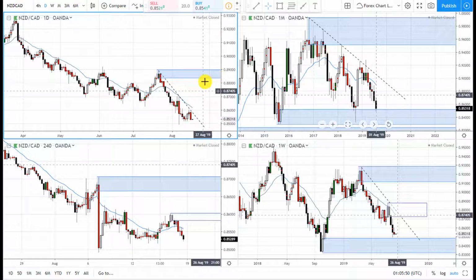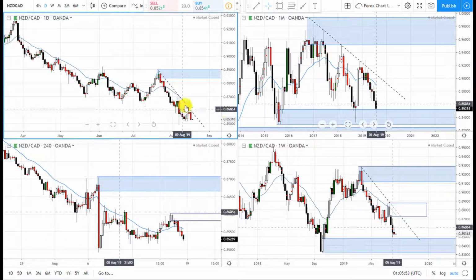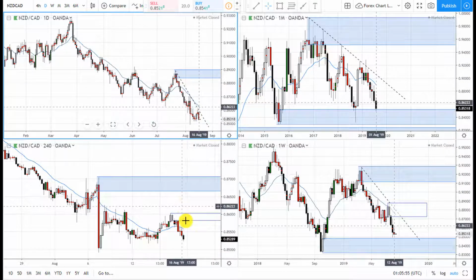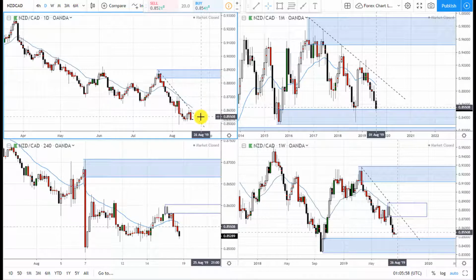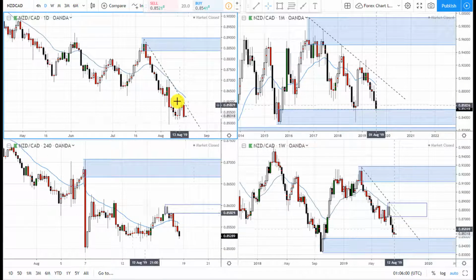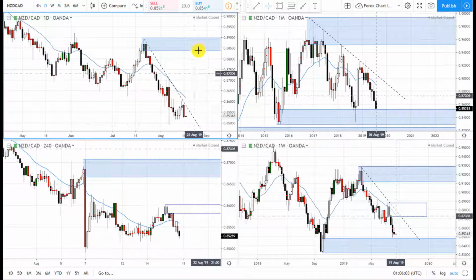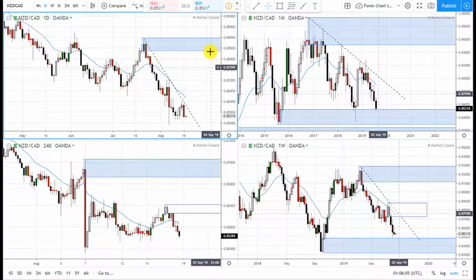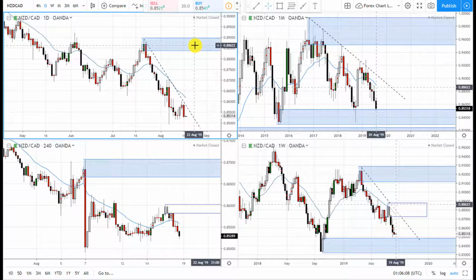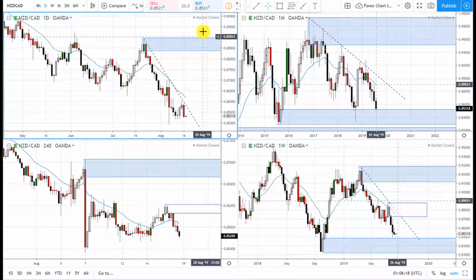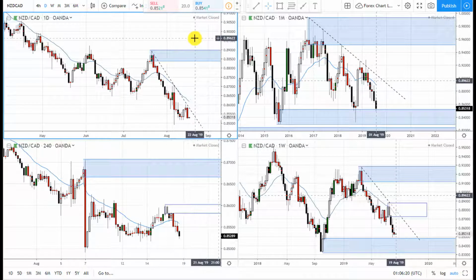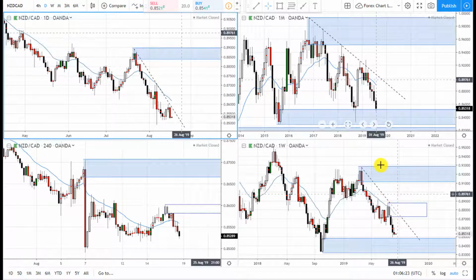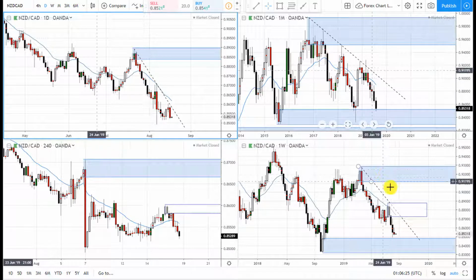So if you're trading the weekly, daily, 4 hour, you will want to wait until this trend line is broken before you start going long. And then you would want to short up here, or at least go long and take profit up here until this area is removed, before you continue to go long all the way up to this area of supply on the weekly.